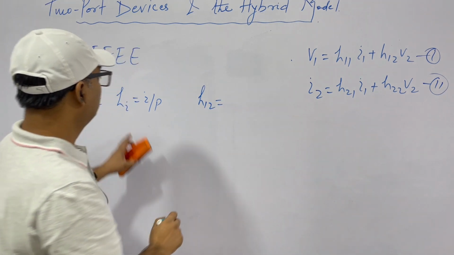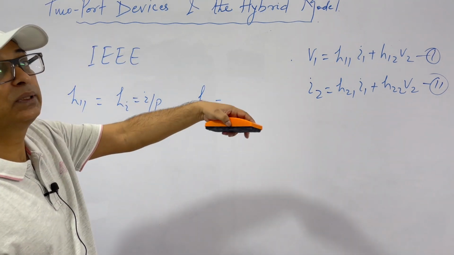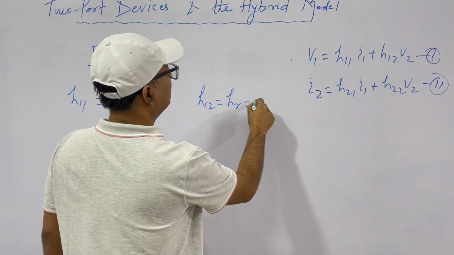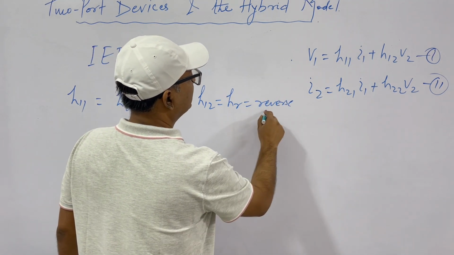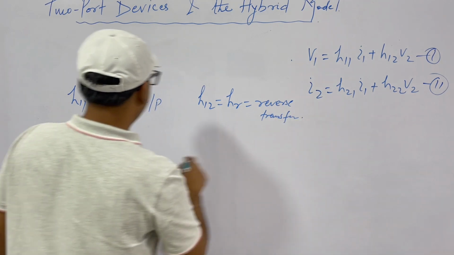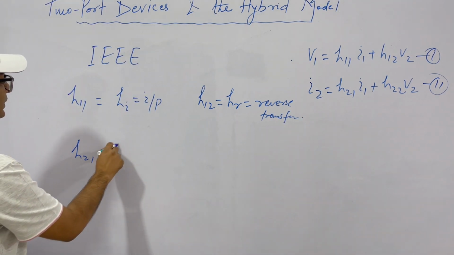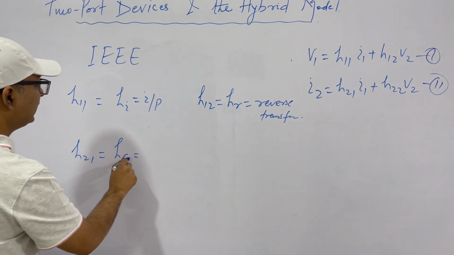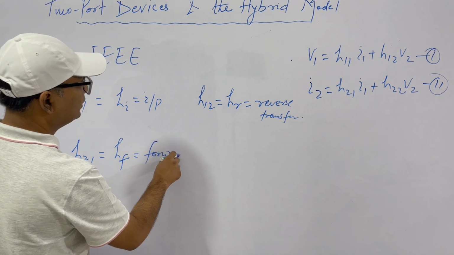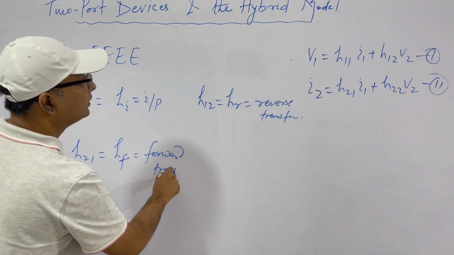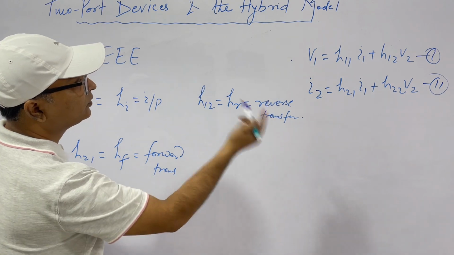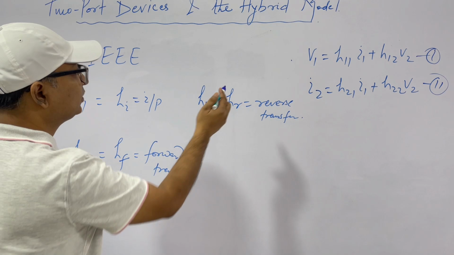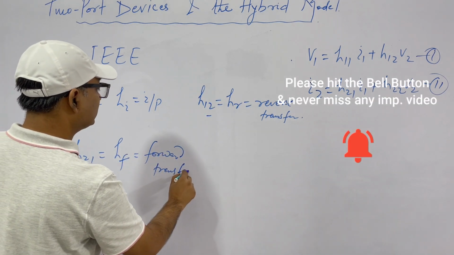H12, this is what we had seen, the reverse transfer, so it is HR, reverse transfer. Then H21 is HF, forward transfer. H21 was I2 by I1, forward transfer, while H12 was V1 by V2, that is input by output. So this was reverse transfer, this is forward transfer.